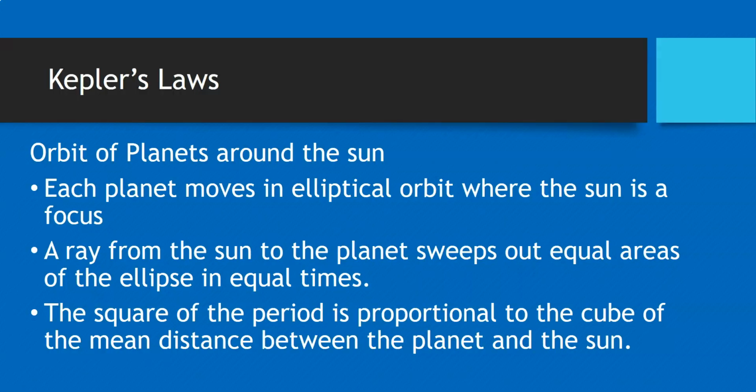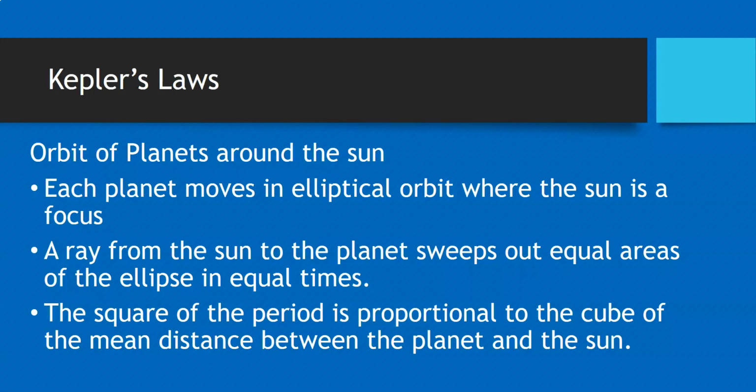Now, the last portion of Kepler's law says the square of the period is proportional to the cube of the mean distance between the planet and the sun. So the period it takes the planet to go all the way around that ellipse is proportional to the cube of the average distance between the planet and the sun.